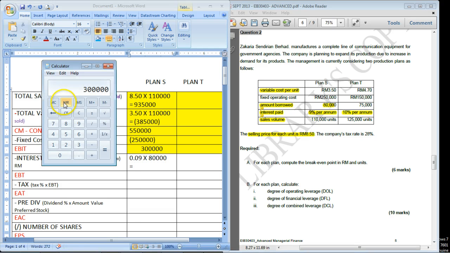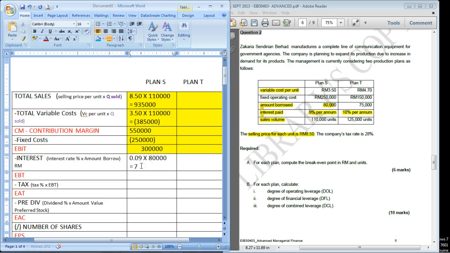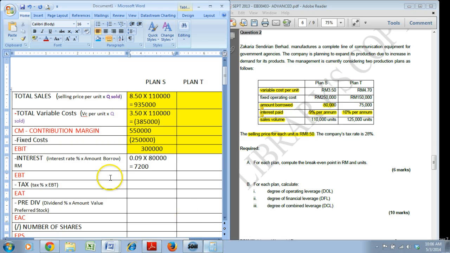Use your calculator again and again. 0.09 times 80,000 is 7,200.